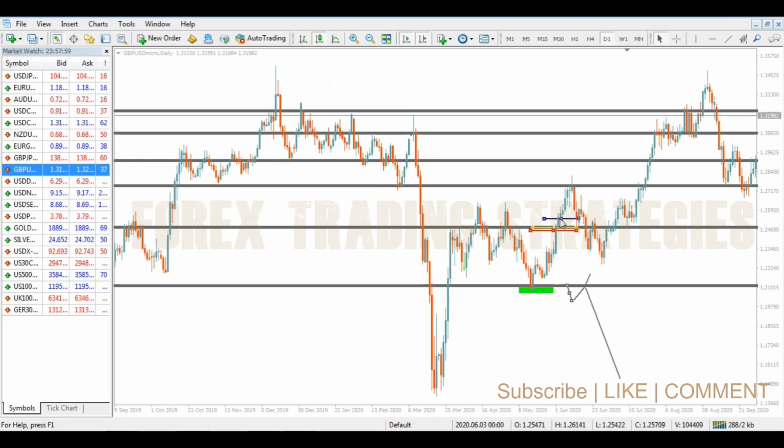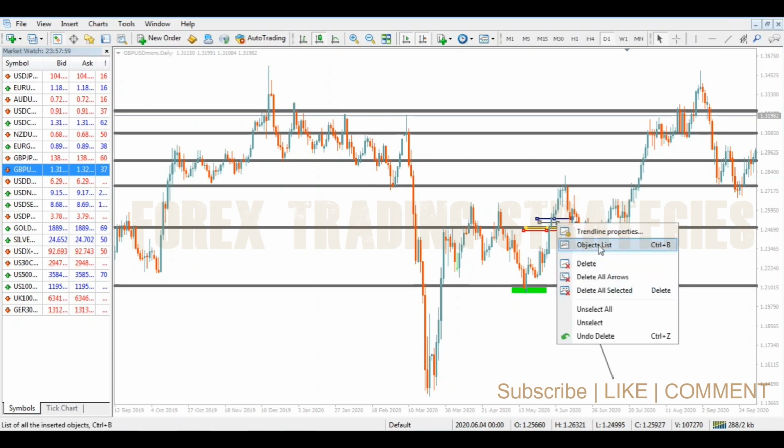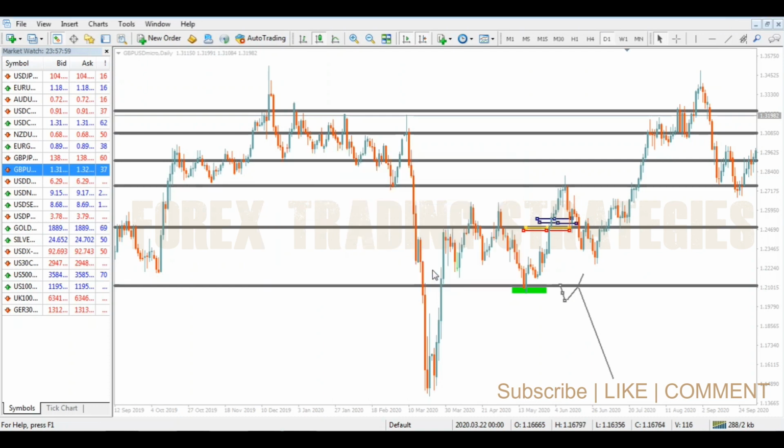So I have this trade, and I enter a second trade, basically with the same approach as before.